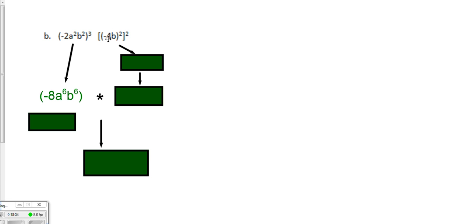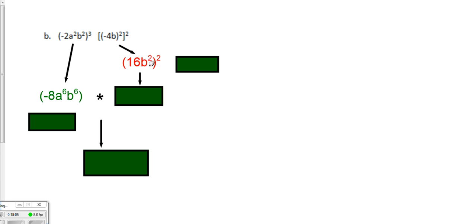So this piece becomes this green piece right here. This piece then, negative 4b, all of that squared, and then all of that squared. We have to look at just this inside part first. Negative 4b squared. So we're kind of ignoring this one. Well, negative 4 times negative 4 is positive 16. B squared, so b times b is b squared. And we have to put that squared back on the outside here.